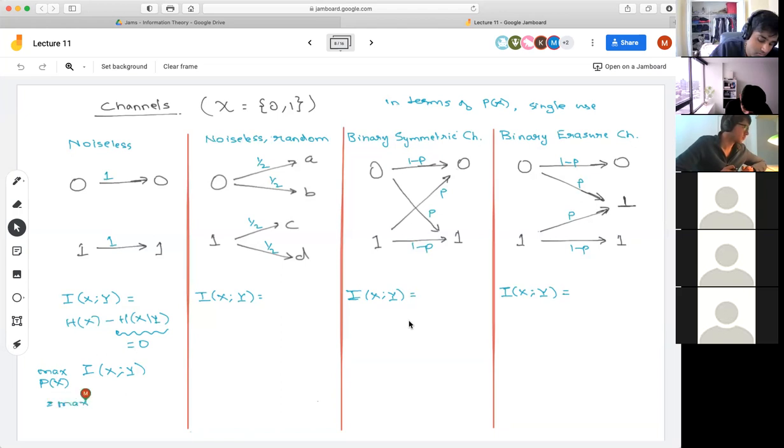So we are basically maximizing the entropy of x, which is distributed over the universe 0, 1, over all distributions, and we know that the maximum entropy it can have, and it's achievable, is 1. So the capacity of this channel is 1.